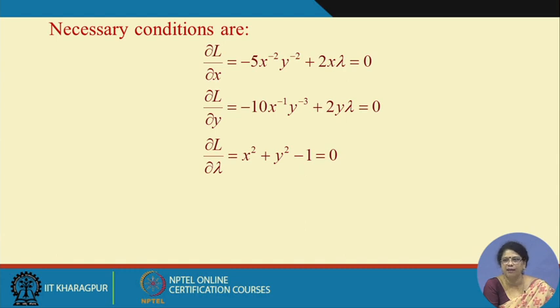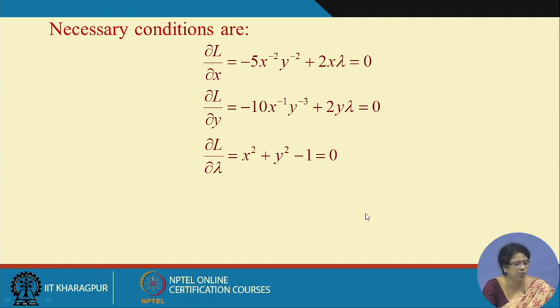What do you have? You have 3 equations with 3 unknowns, is it not? From here, can you find the values of x, y, lambda? We can very easily find them. That is your task.